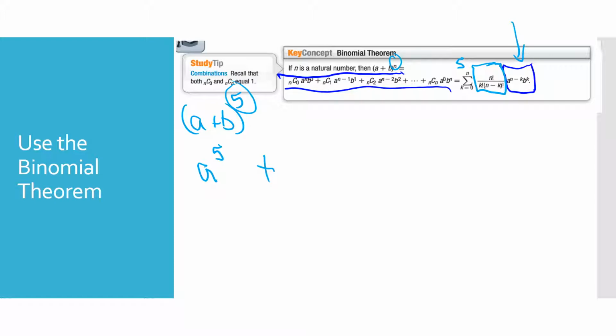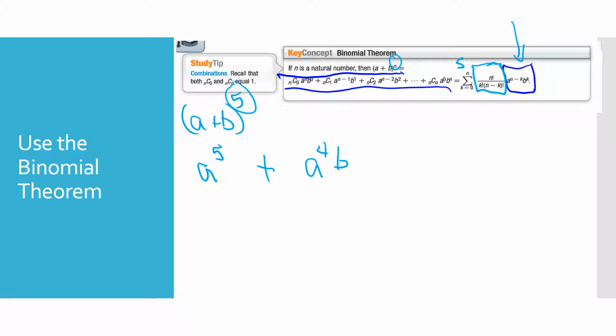Now, my second term, when k is equal to 1, I've got a to the 4th power b. So I plug in n for k, 5 for n, 1 for k. N minus k is 5 minus 1 is equal to 4, and then b is raised to the 1st power.